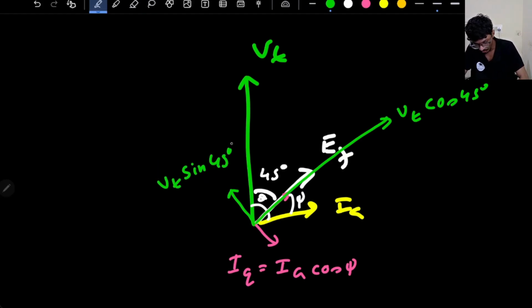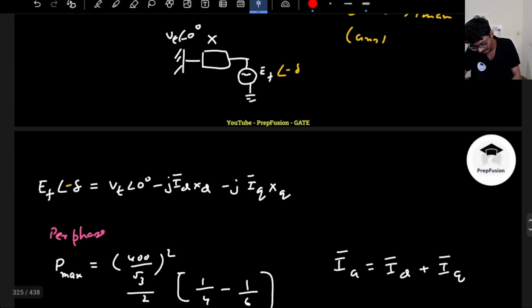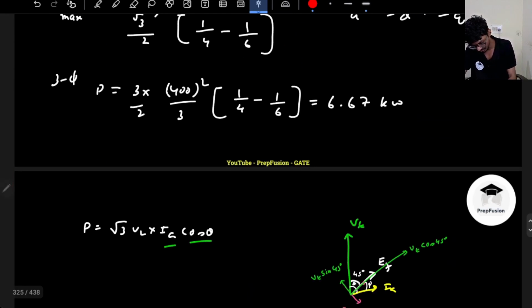Now previously I had not explained this to you. So if I rewrite this equation, what is my VT actually?